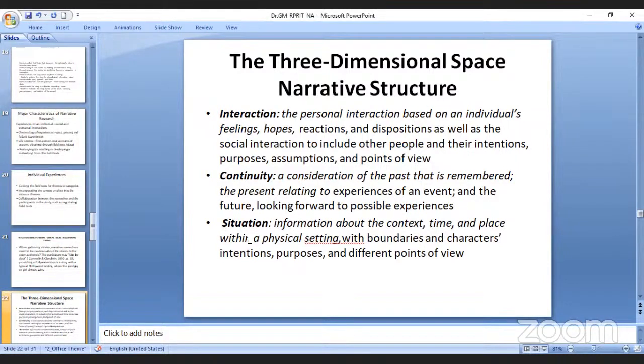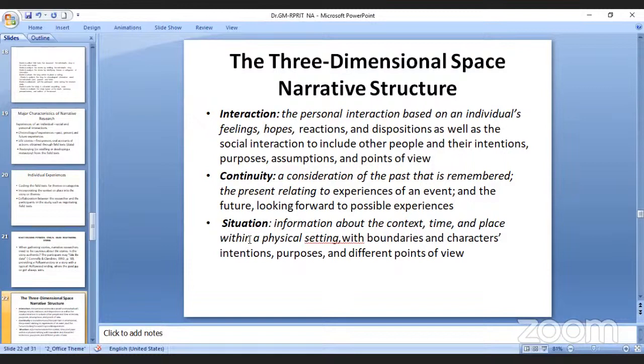So while interacting with other persons, you come to know their feelings, hopes, reactions, and dispositions, as well as the social interaction to include other people and their intentions, purposes, assumptions, and point of view.